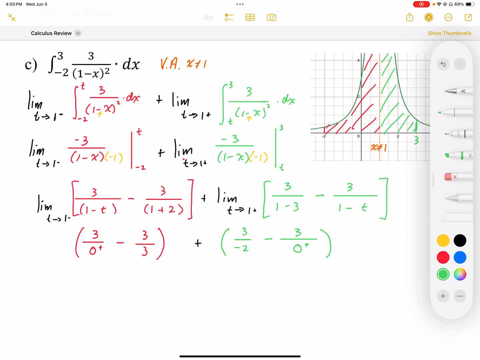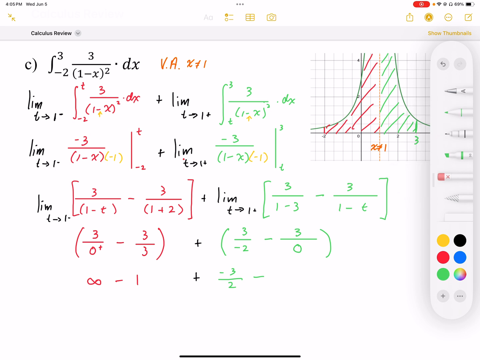Okay, so then this works out to be 3 divided by positive 0 is positive infinity, minus 1, plus negative 3 over 2. Negative 3 over 2 minus, this one should be approaching 0 from the negative side.